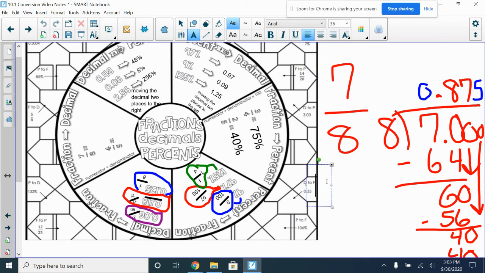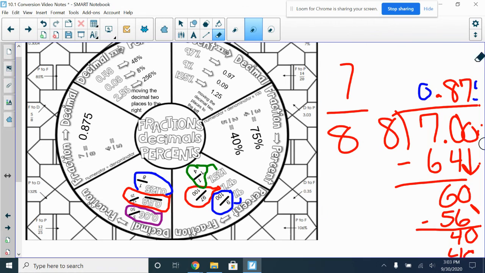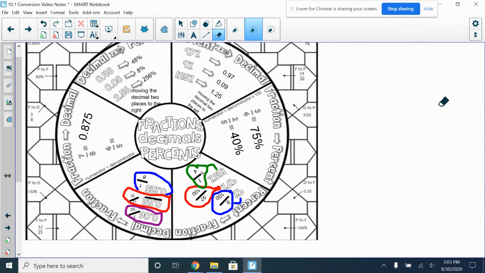Let's go ahead and type that in. 0.875. We're going to shrink it and turn it and make it all nice and neat in our wheel, because you've been filling out the wheel as we went and you wrote it in there nicely too. All right, so then I have my last one, and we have made it all the way around our wheel for our conversions. I have 4/5.